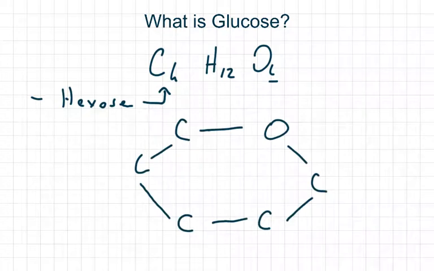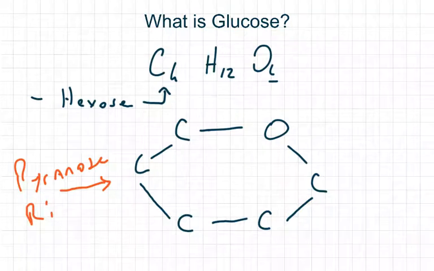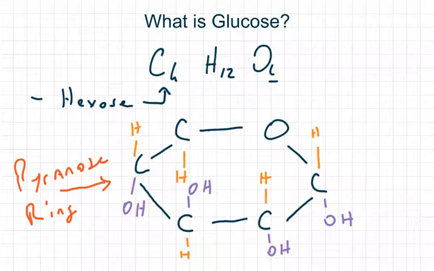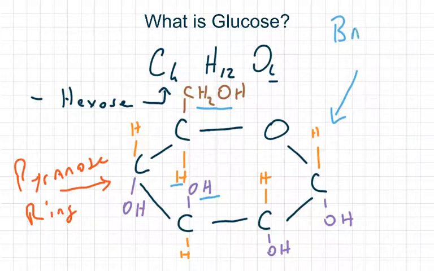And this ring looks similar to this, which is what I have drawn right here. And within this ring, it contains hydrogen and hydroxyl side groups. And finally, the pyranose ring contains what we call a hydroxyl group attached to it. And so what we have here is the base unit or the base structure of glucose.